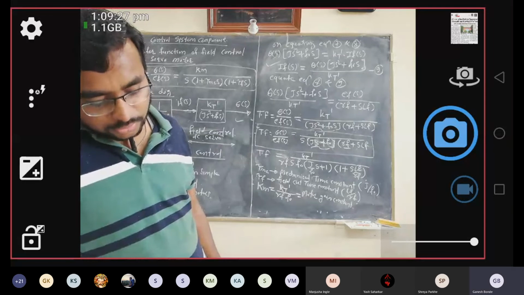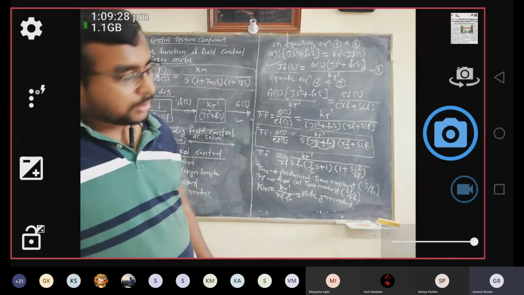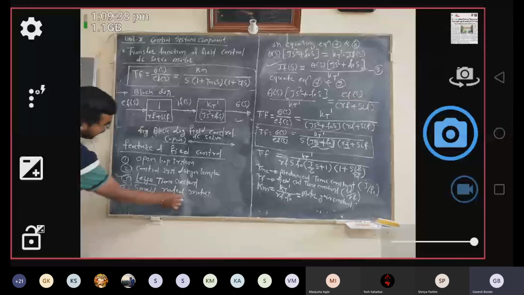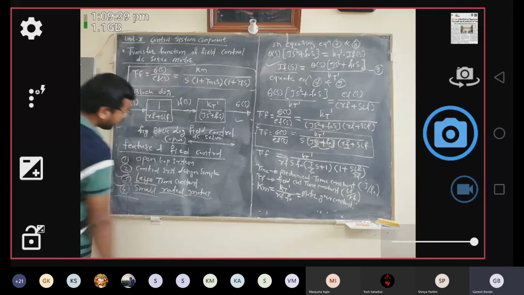Again, you can define another feature: field control is used for small rated motors, while the armature control motor can be used for large rated motors.